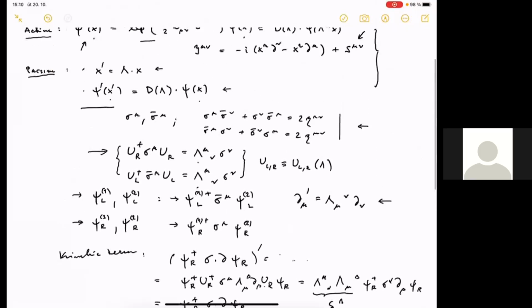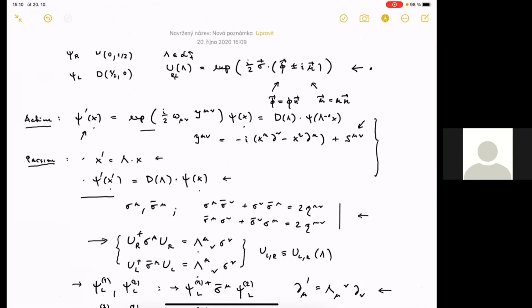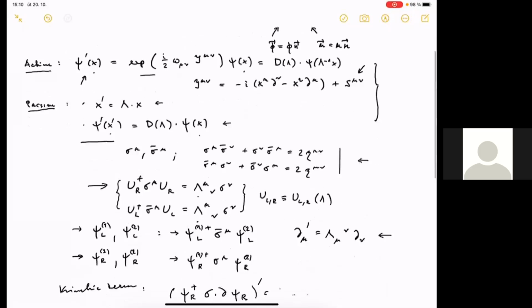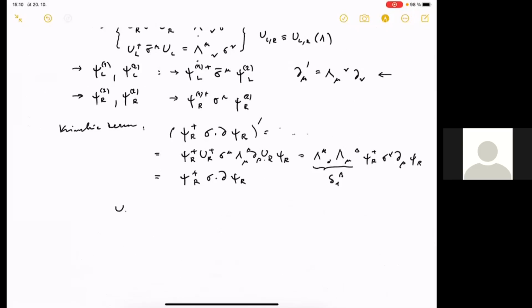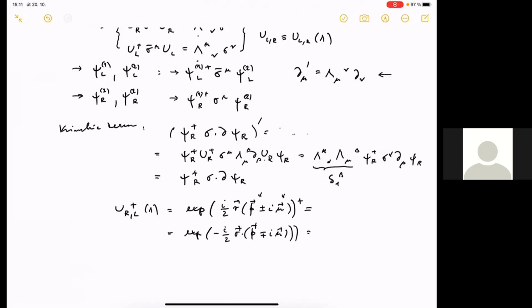For instance, if I show you again this relation defining the left and right representation, we immediately see that if we calculate the Hermitian conjugation of this matrix, that means the Hermitian conjugation of such an exponential parametrization of the corresponding U_R and U_L matrices, we obtain, since phi and u are real vectors, minus plus, since here is the imaginary unit, and comparing it with the original expression for these U_R, U_L matrices, we see that this is nothing else but U_L or U_R to the power minus 1, the inverse matrix.